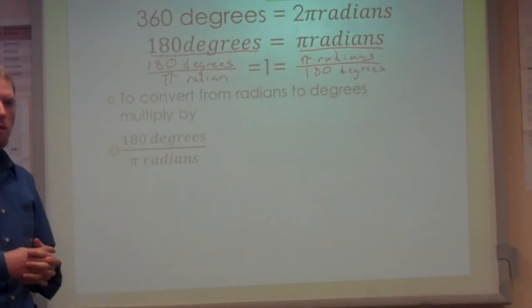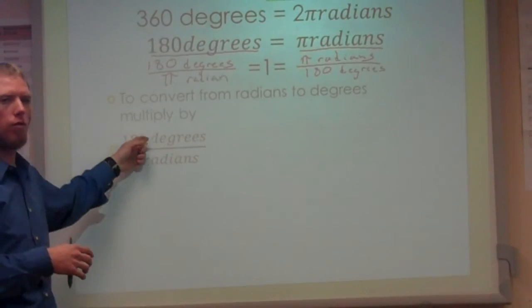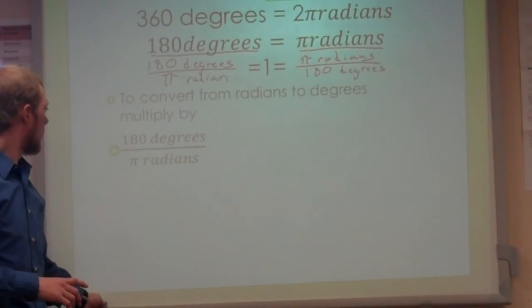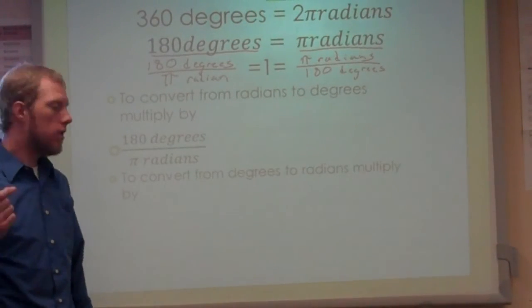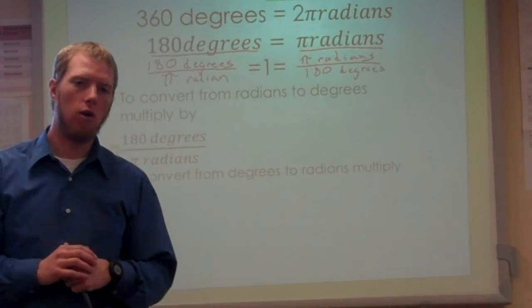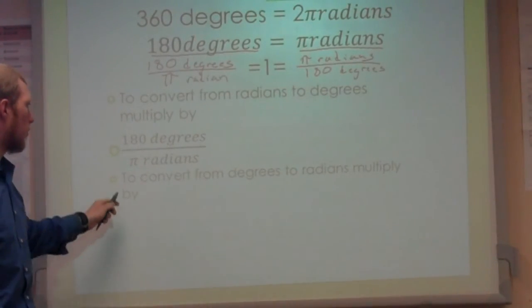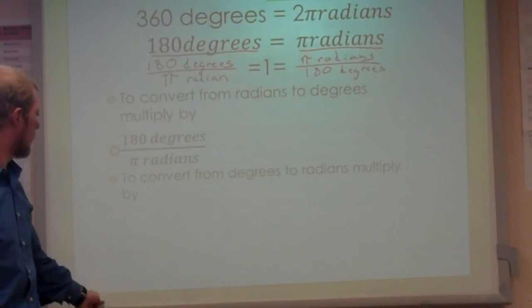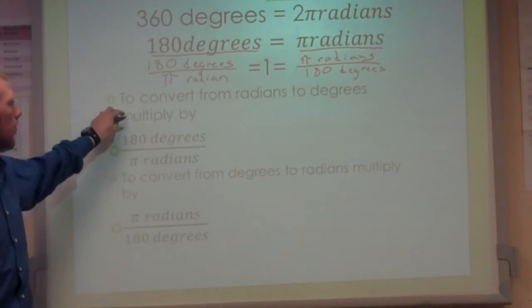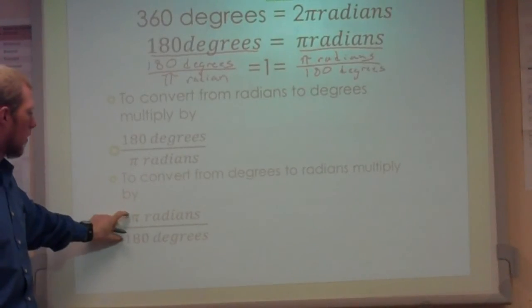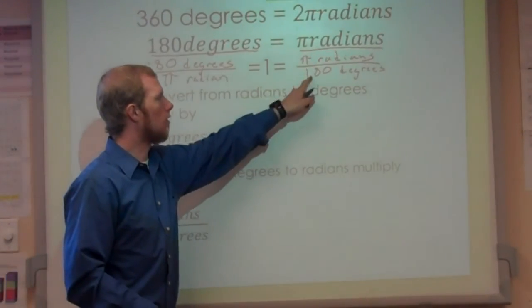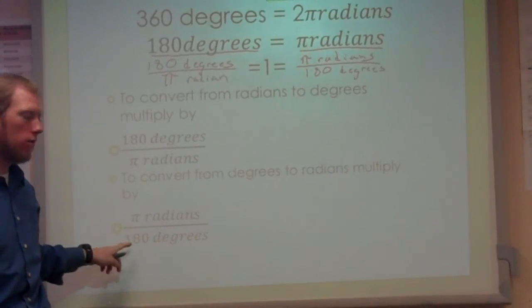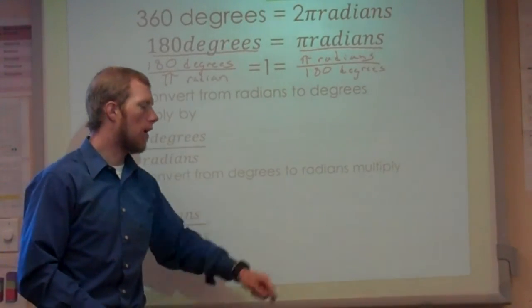So 2 radians would essentially become 360 over pi. To convert from degrees to radians, you're going to multiply by its reciprocal. So we multiplied by this to go from radians to degrees. Here we're going to multiply by what we found over here: pi radians over 180 degrees to go from degrees to radians.